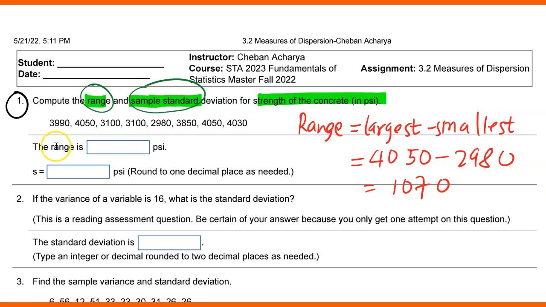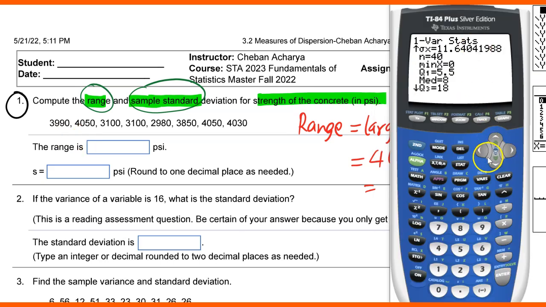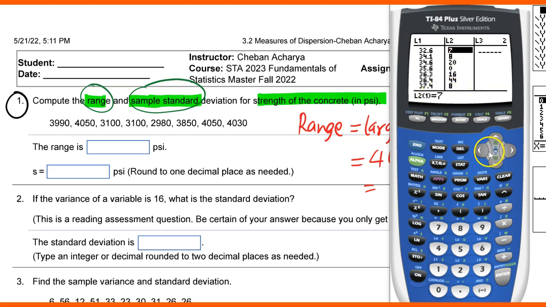Now to find the sample standard deviation, I'm going to use a calculator. It always starts with stat. To put the data in the calculator, press stat, and number 1, which is edit, and put the data in the calculator.